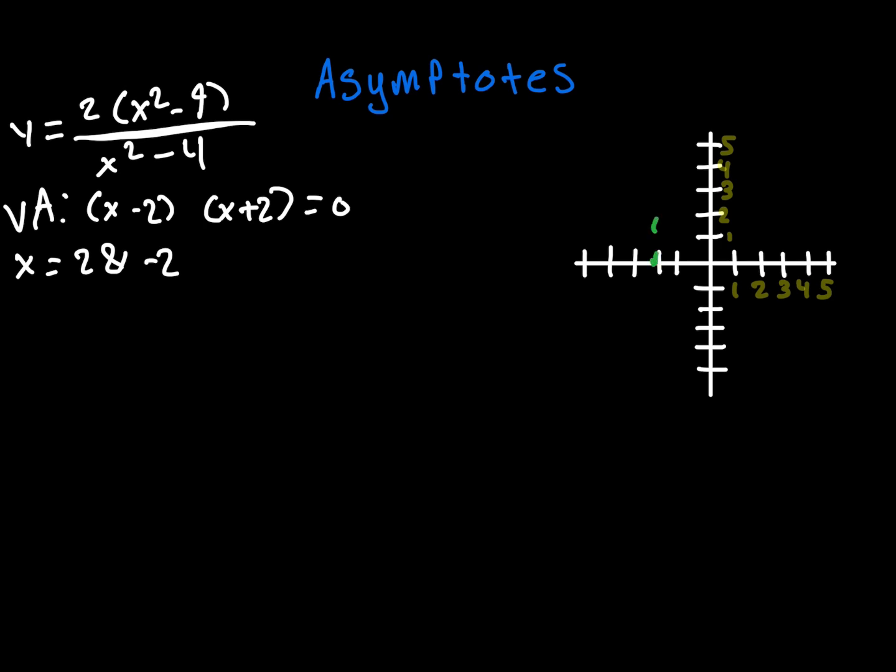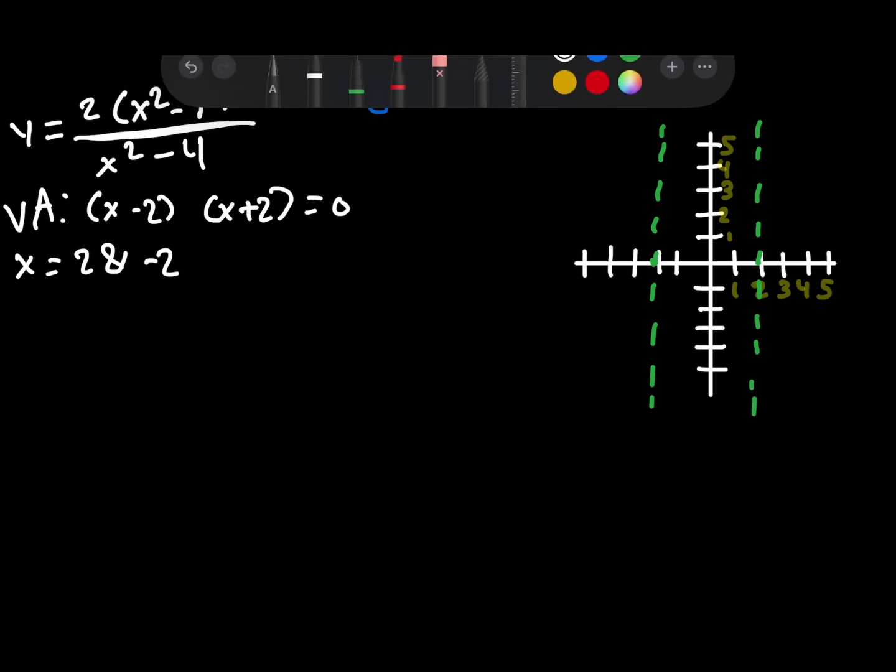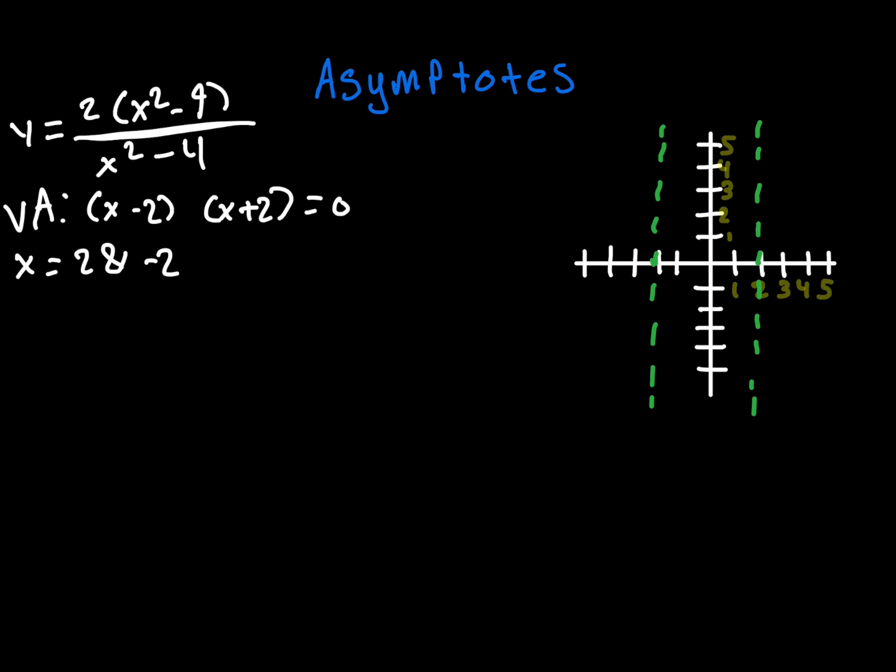Let's draw those at x equals -2 and x equals 2. Now moving on to our horizontal asymptote, we have to look at dominance in degrees. We could obviously see that they both have the same amount of squares, since it's x squared and x squared on the numerator and also on the denominator.